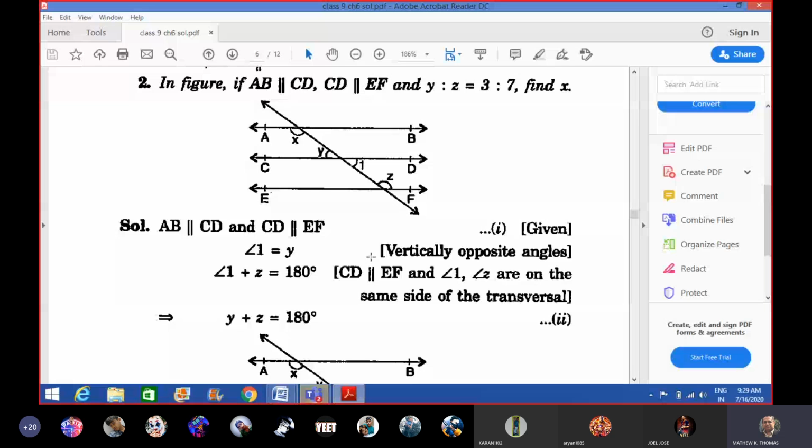It's better that you take this part as y instead of 1. Okay, don't mark it 1. Make it y. The rest will remain as it is, x, y, z. This is already given. Here I am replacing this with y. You know why we are replacing this? Because these two angles are equal, vertically opposite.